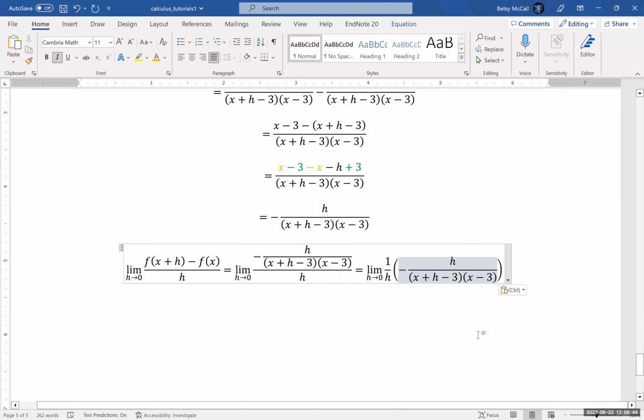Now this is completely equivalent. If I have something divided by h, that's the same thing as multiplying it by its reciprocal, which is 1 over h. But it is a much easier expression to look at because now it is really clear to see that this h right here and this h right here are going to cancel with each other.